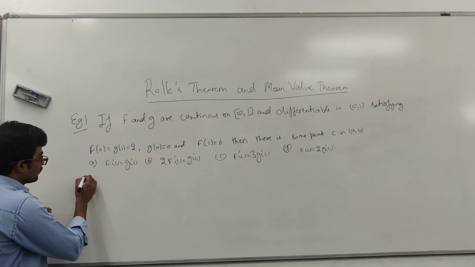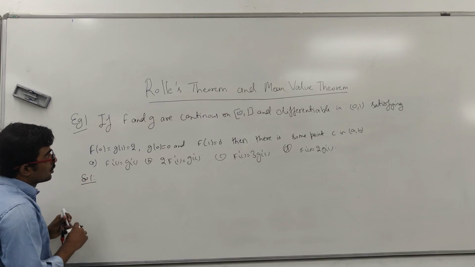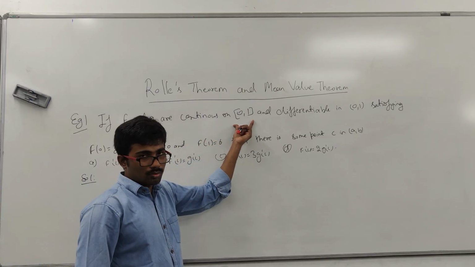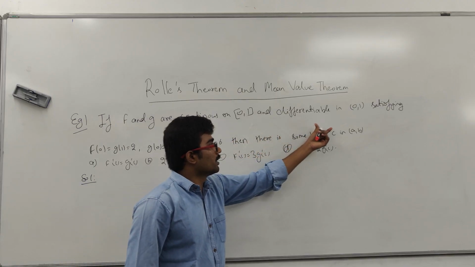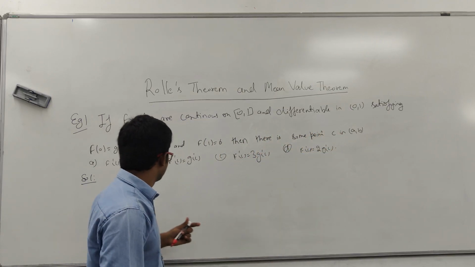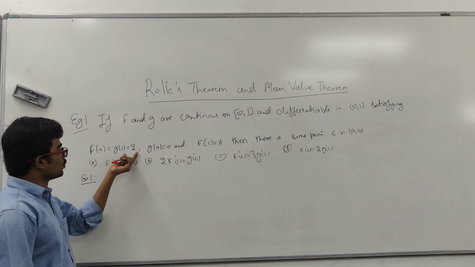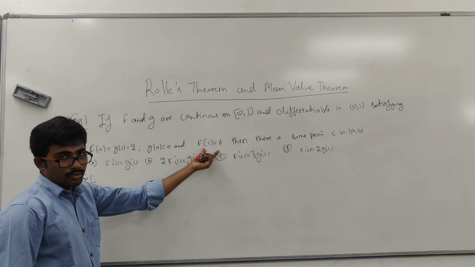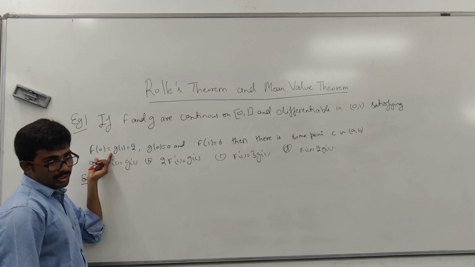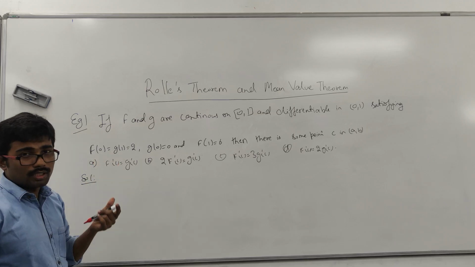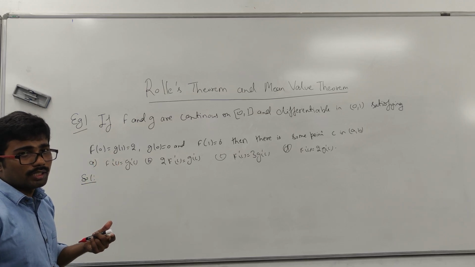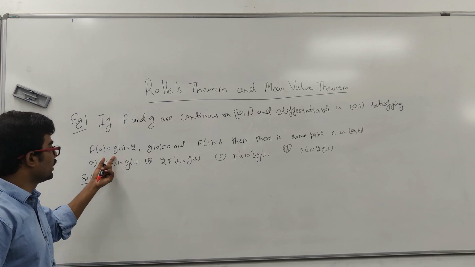So let us solve this. Since f and g are continuous on [0, 1] and differentiable in (0, 1), and here f(0) equals 2 and f(1) is 6, since f(1) and f(0) are not the same, we cannot apply Rolle's theorem. So we will have to apply the mean value theorem on f and g.